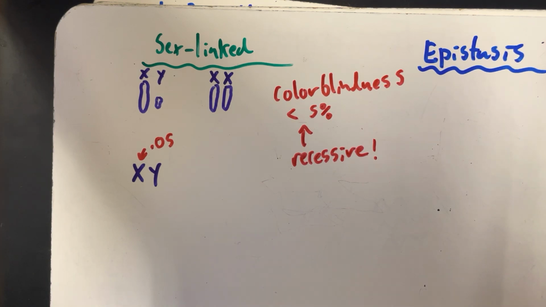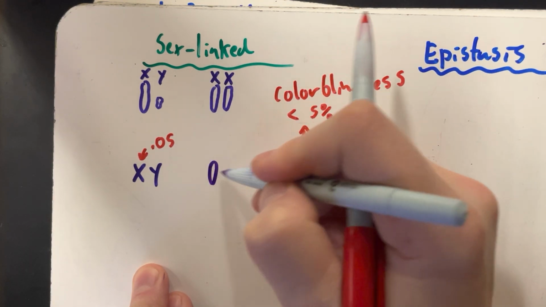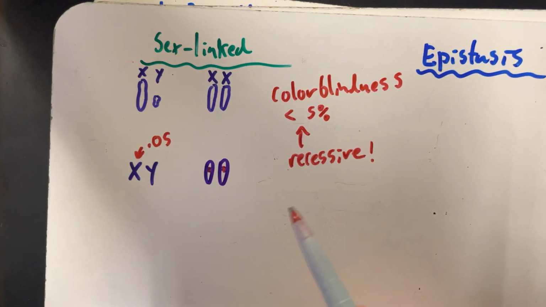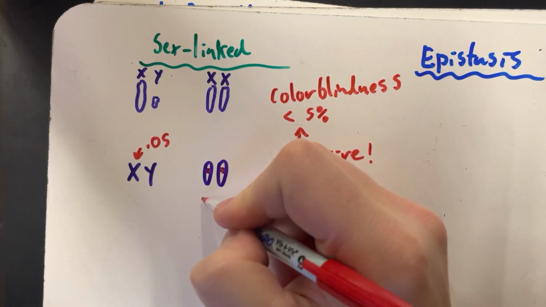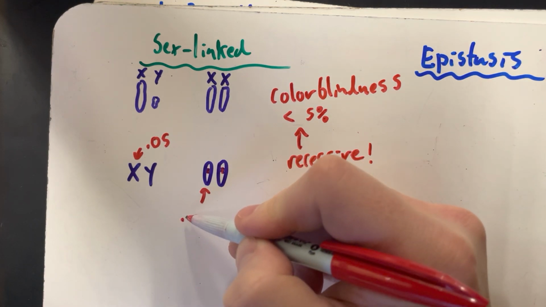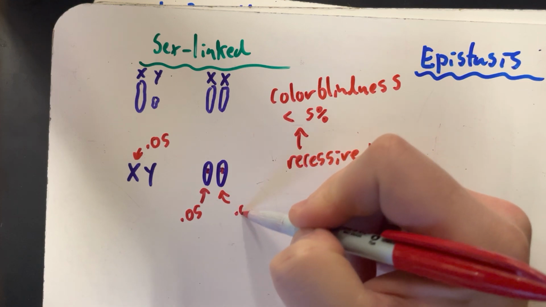Lower, because the only way you can be colorblind is if you've got 2 copies of that colorblind allele, right? So what are the odds that your first copy is the colorblind gene? 5%, right?